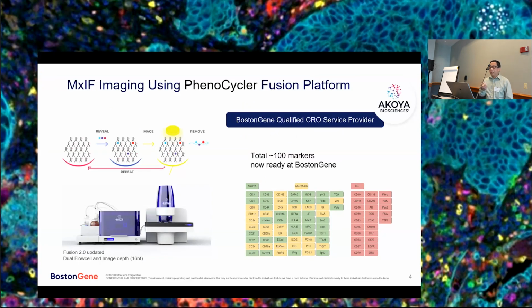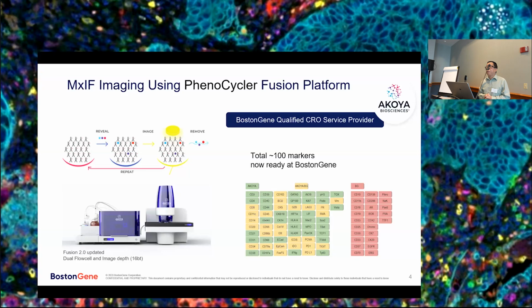So from the early days, even from CODEX to Fusion, there have been many updates in terms of sample format and also the processing microfluidics changes. We are happy. Just to say for the Fusion 2.0, I have a little bit of experience because we just introduced this one.